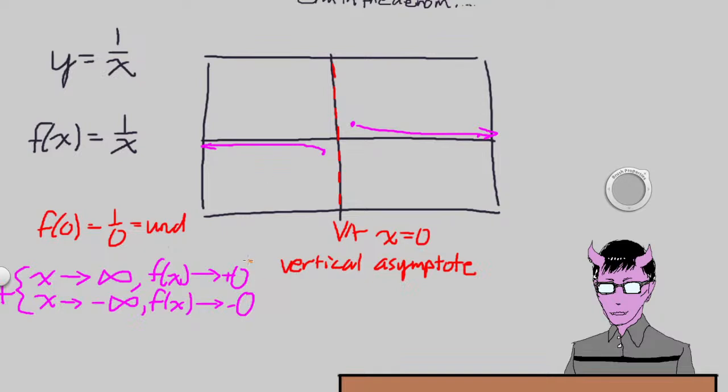It's located at 0 because this one trending pattern is towards 0 on the right hand side, and then the trending pattern on the left hand side is also 0. So therefore, because these two trending patterns agree, we can say that the horizontal asymptote is y value, that's a flat horizontal line, is equal to 0.